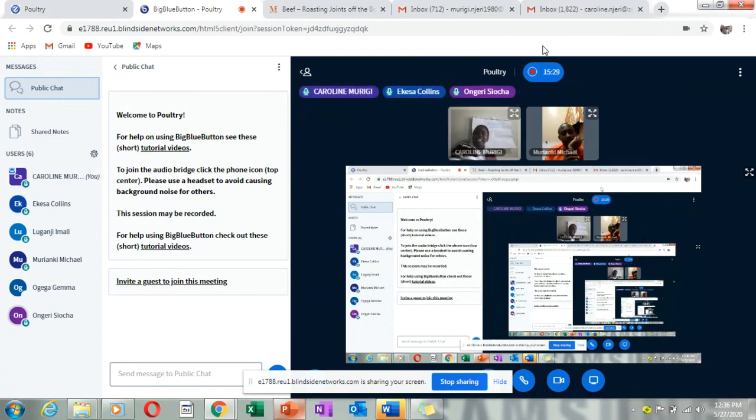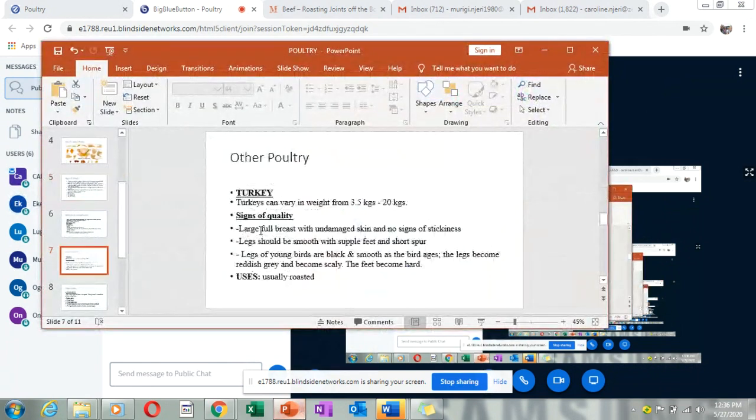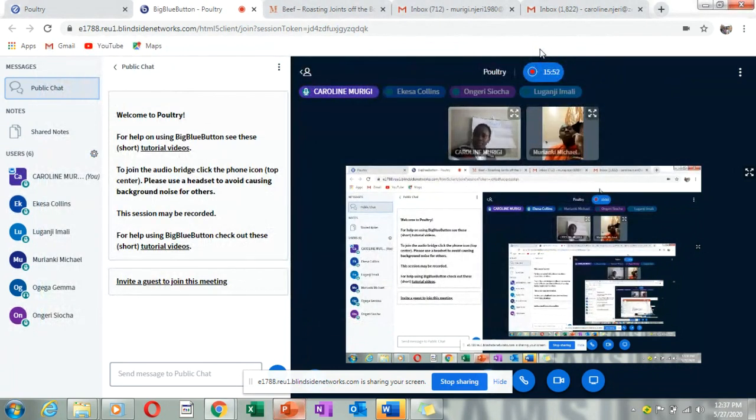Then we also have other birds, other poultry. We have turkey. You know turkey? You can have a turkey as small as 2.5 kgs to a very big one of around 20 kgs.